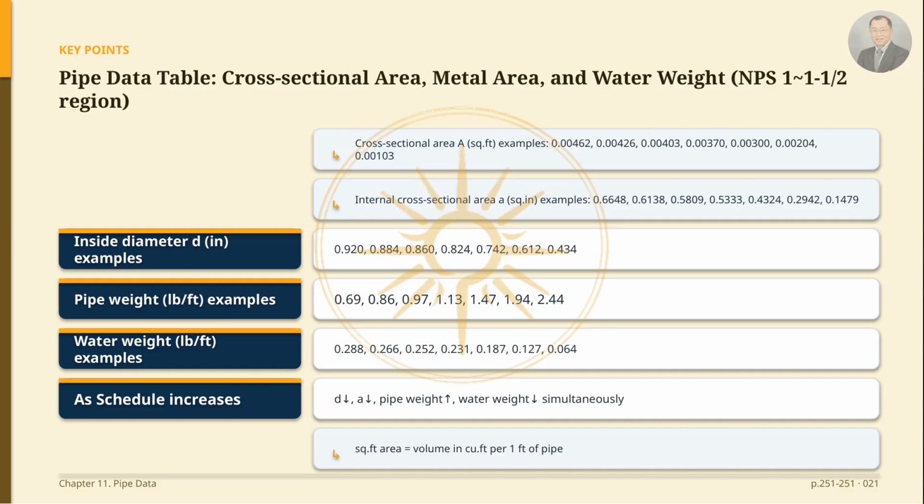In particular, please note during calculation that the cross-sectional area A in square feet is identical to the volume in cubic feet per foot of pipe. Please refer directly to the table according to your design conditions and reflect the correlation between the decrease in cross-sectional area and the increase in dead weight as the schedule increases in your design.